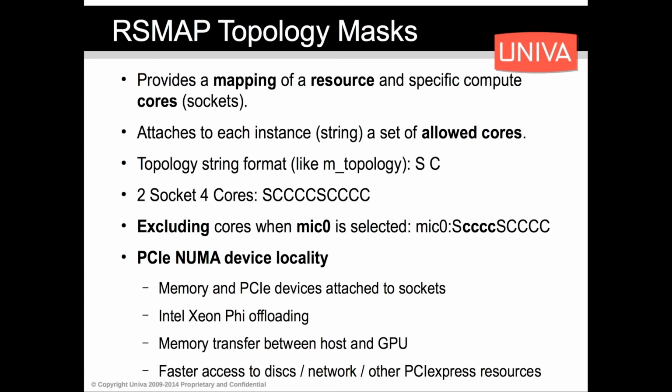This makes the scheduler aware that when mic0 is selected for a particular job, then this job is only allowed to run on the second socket, because the first socket contains just lowercase c's, which denotes that those cores cannot be used.